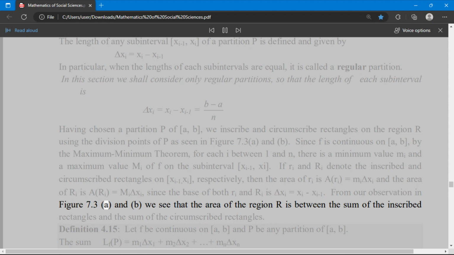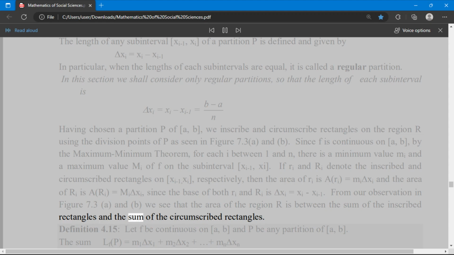From our observation in Figure 7.3 (a) and (b), we see that the area of the region R is between the sum of the inscribed rectangles and the sum of the circumscribed rectangles.